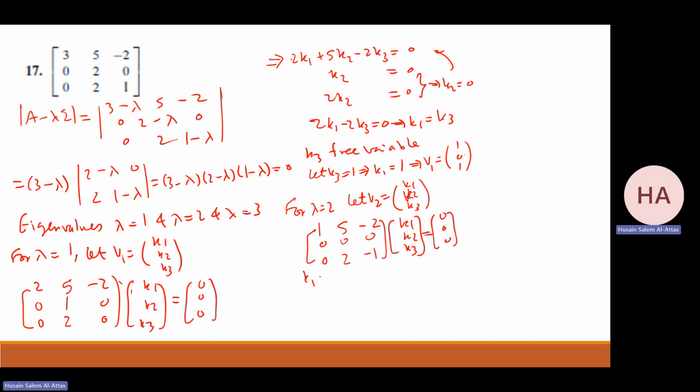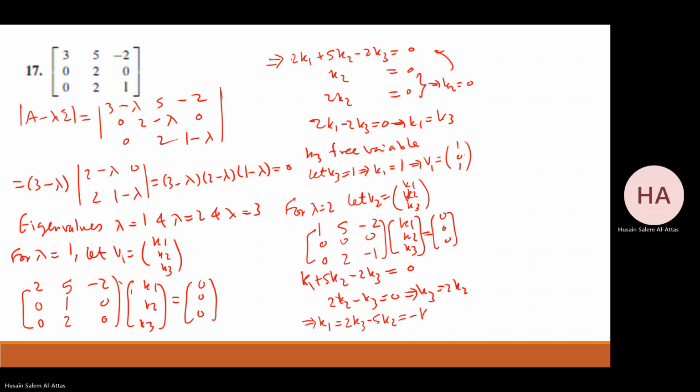So I have k1 plus 5k2 minus 2k3 equals 0, and 2k2 minus k3 equals 0. So from here I have k3 equal to 2k2. I plug it in the first one. I have k1 equal to 2k3 minus 5k2, and k3 is 2k2, so I have minus k2.